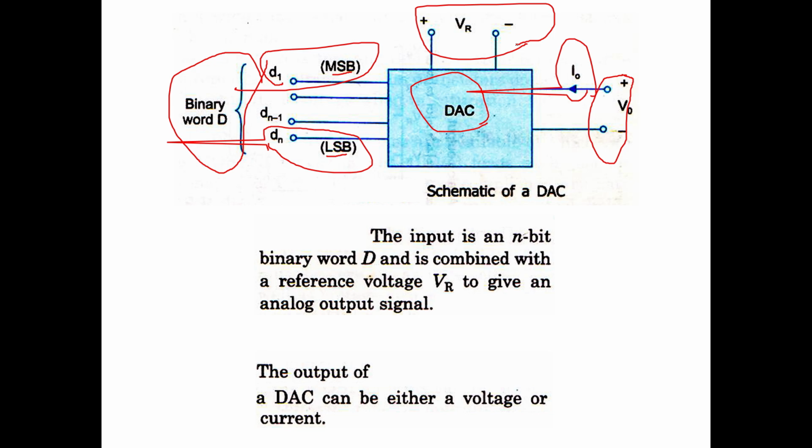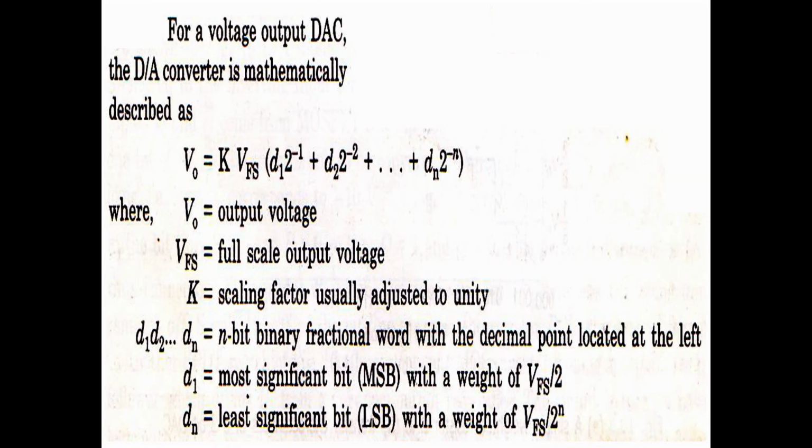The output of a digital to analog converter can be either a voltage or a current. For a voltage output DAC, the D by A converter is mathematically described as V0 equal to K VFS into (D1 to power minus 1 plus D2 to power minus 2 plus etc. plus Dn to power minus n), where V0 is the output voltage, VFS is the full scale output voltage, and K is the scaling factor, usually adjusted to unity.